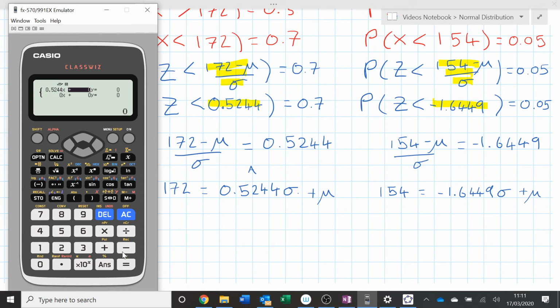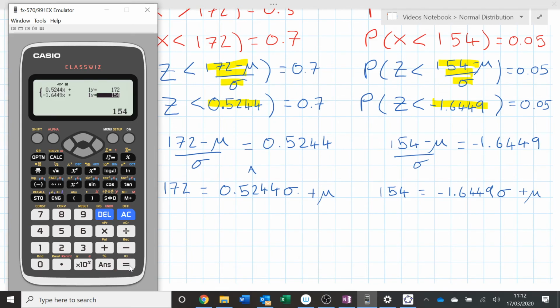And I can put 1 there and 172 here. Oh, did I never store it as B? I'm just going to type it in. It'll be close enough: 1.6449. Could have been slightly better, but that's not the end of the world. That's 1, and that is 154.